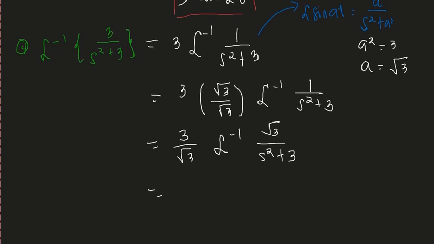So, we will have 3 all over square root of 3, and automatic this one is equal to sine. So, ang aton nga a will be square root of 3 t. So, this now will be aton nga final answer.